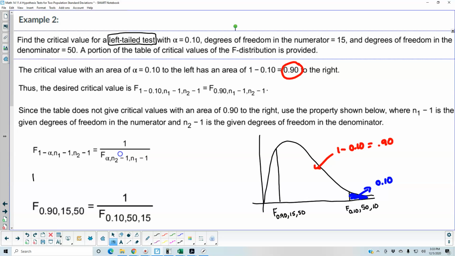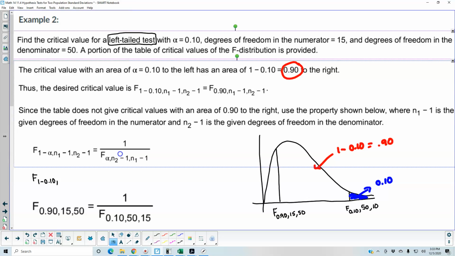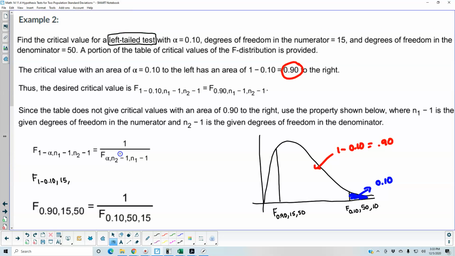Here we have F at 1 minus 0.10, with N1, the 15 degrees of freedom, and N2, the 50 degrees of freedom. That equals 1 over F at alpha 0.10, and we switch the degrees of freedom, so now this is 50 and this is 15.